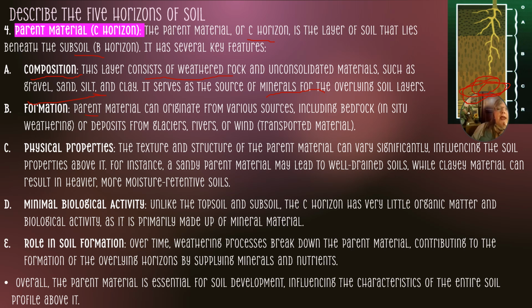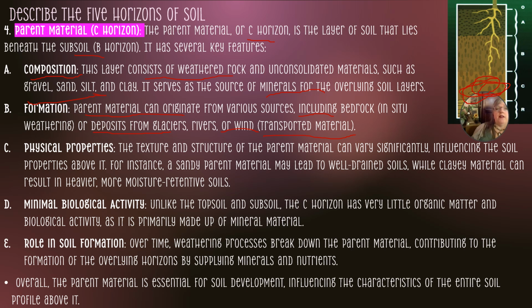The formation: the parent material can originate from various sources, including the bedrock in situ weathering, meaning in that position, it just kind of wears down where it is. Or you may have deposits from glaciers or rivers or wind, and that would be transported material. So you either have in situ, meaning in that place, or transported stuff in there, either way.